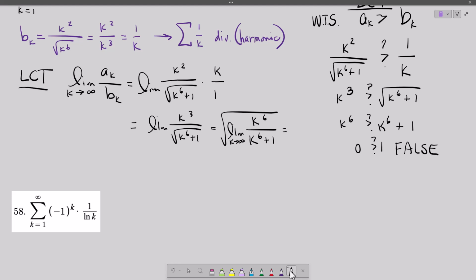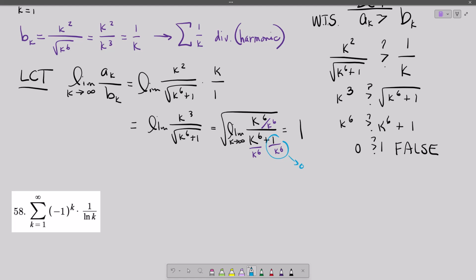So regardless of how you do it, you need to get the right limit. So limit is 1. Does anyone not see the limit as 1? I think the easiest way to see it is division by k to the 6th power everywhere. Then the 1 over k to the 6 goes to 0, and these two go to 1.